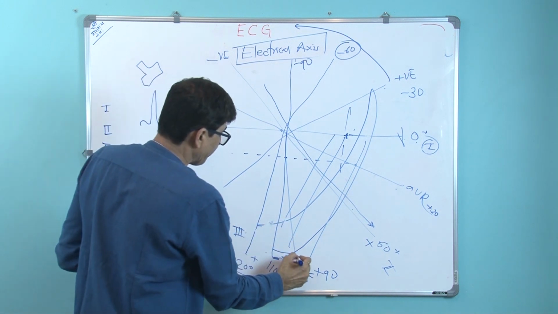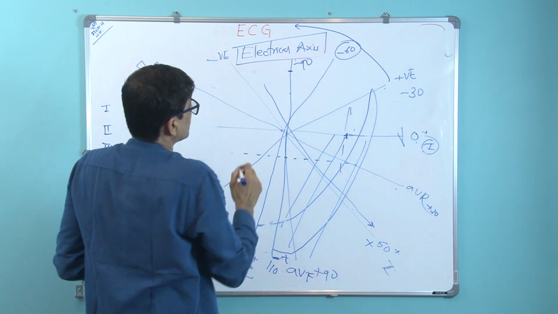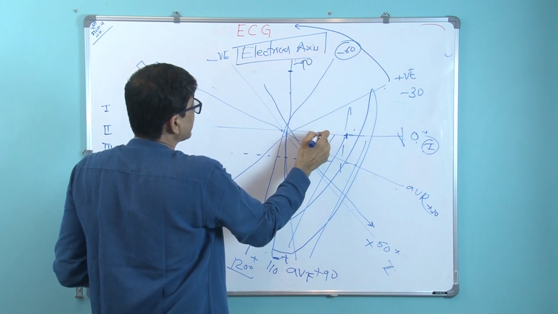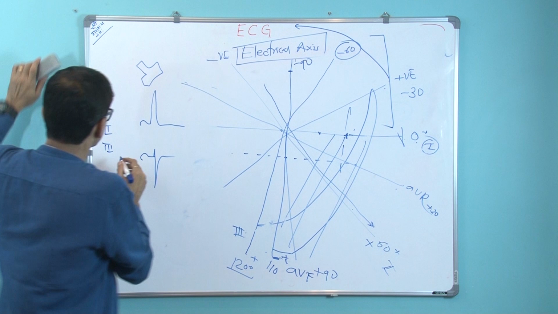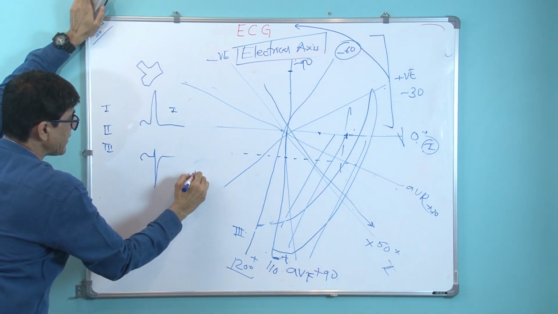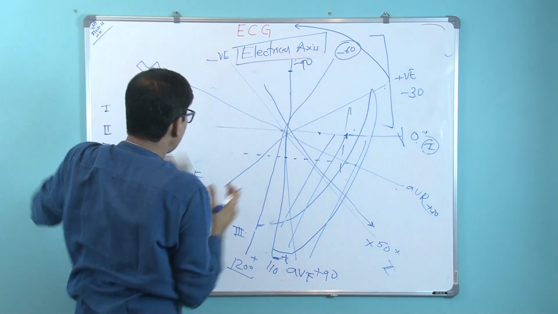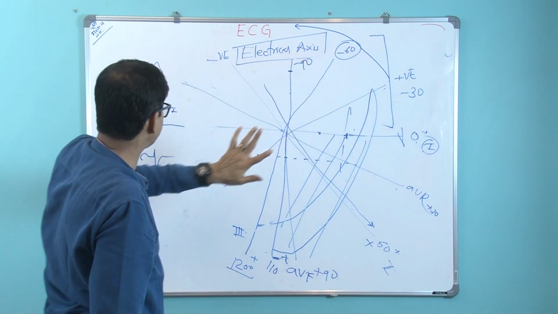Then the axis will be in this quadrant, the left upper quadrant, because this is lead 1, this is AVF, these two perpendicular leads. So the axis will be here, but it could be anywhere from 0 to minus 90.